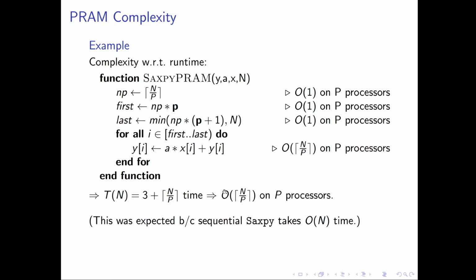We see that the costs are roughly the same as the sequential complexity, right? As we have our runtime t of n, that is O of n over p, and when we multiply that by the number of processors, we again arrive at O of n.